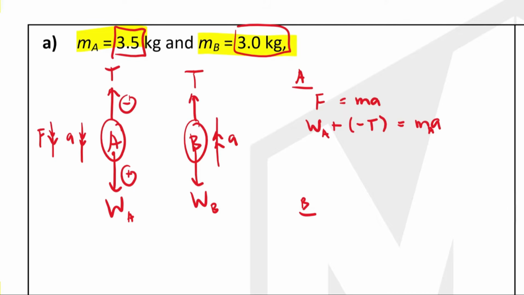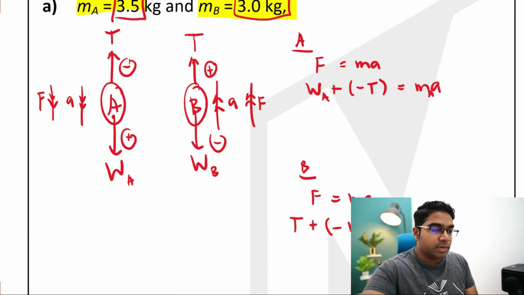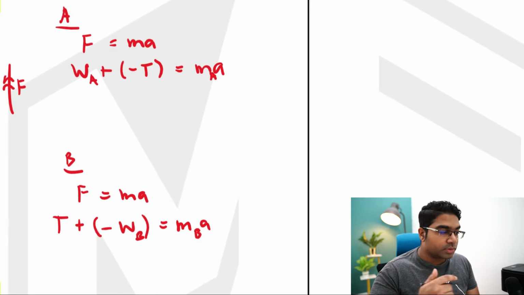For B, the force is upwards, resultant force is upwards. So once again, F equals ma. And it is T that is in the positive direction this time because T is upwards and W is downwards. So again, positive T plus negative W equals ma. This is of course for B. You can see from this that what we have is actually a simultaneous equation. Let's go on to solve this.